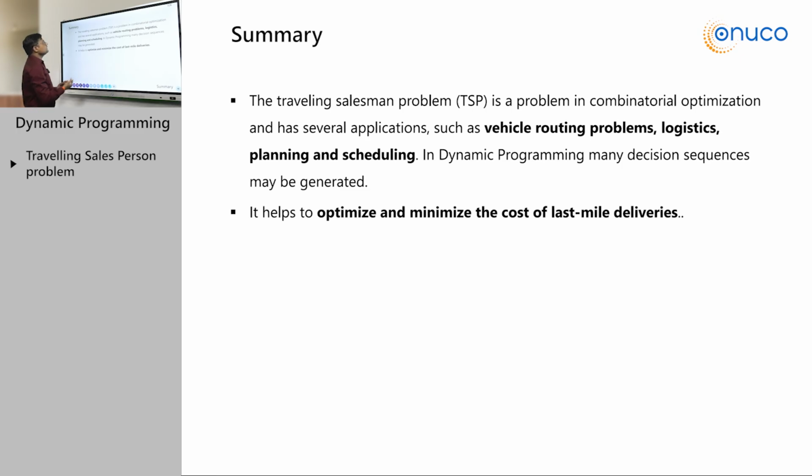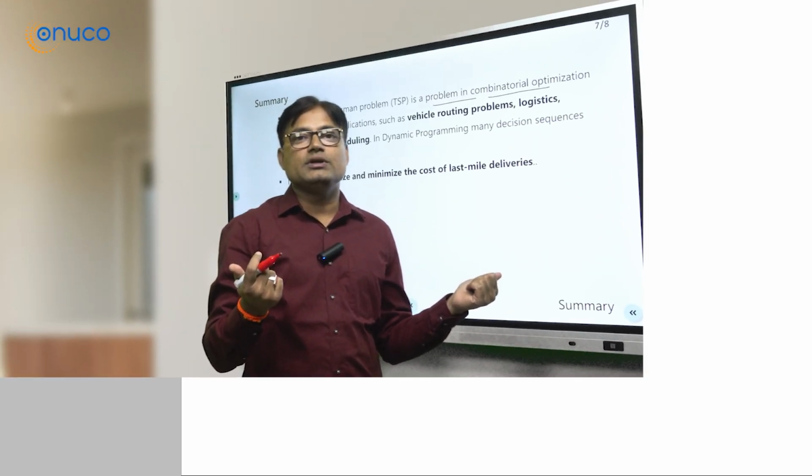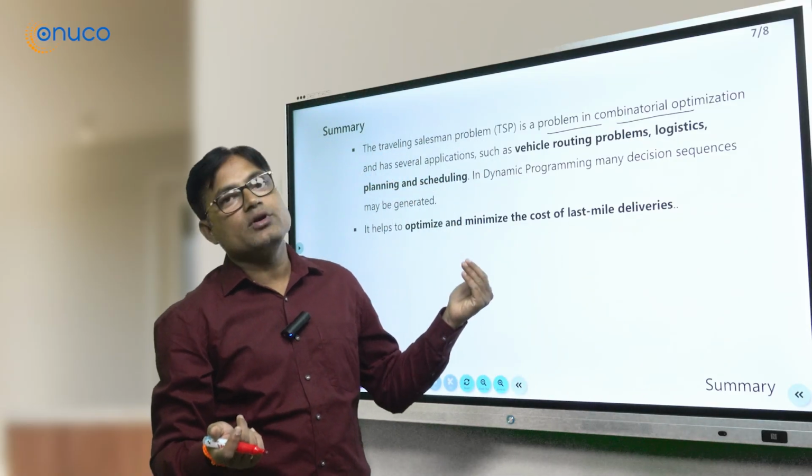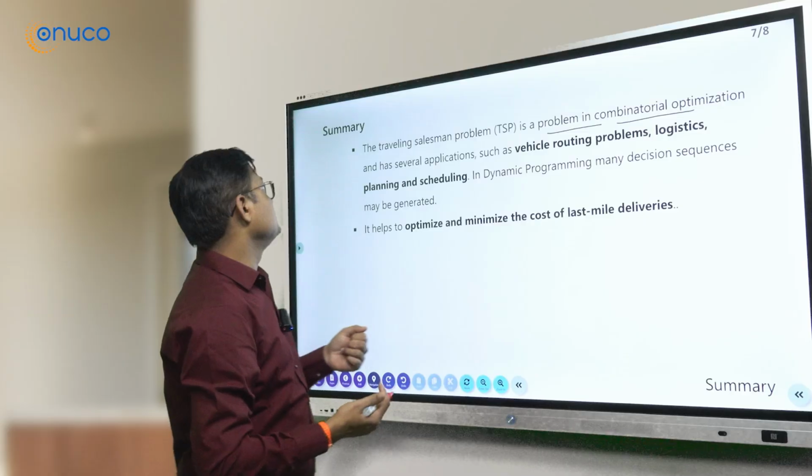Finally, the summary: the traveling salesperson problem, TSP, is a problem in combinatorial optimization. Combinatorial optimization means we apply permutations and combinations. In brute force it takes n factorial, n minus 1 factorial is close to n factorial, and dynamic programming gives you exponential complexity.